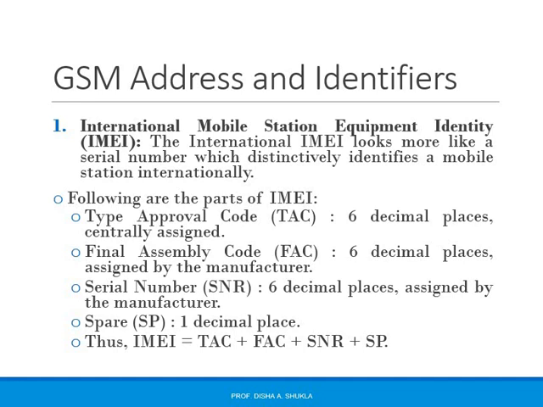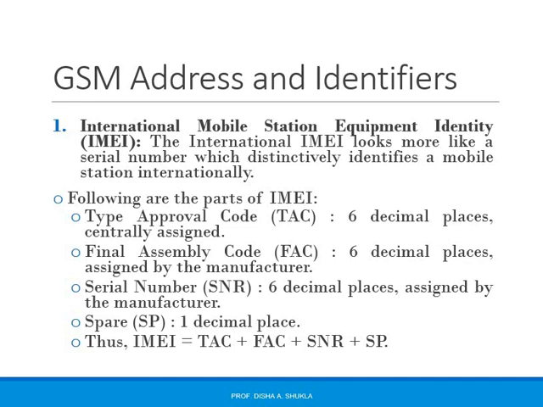This is a 6 decimal number again, and it is assigned by the manufacturer. Then we have a spare, SP, which is 1 decimal place. So the whole IMEI number is a combination of a TAC, an FAC, SNR and an SP.